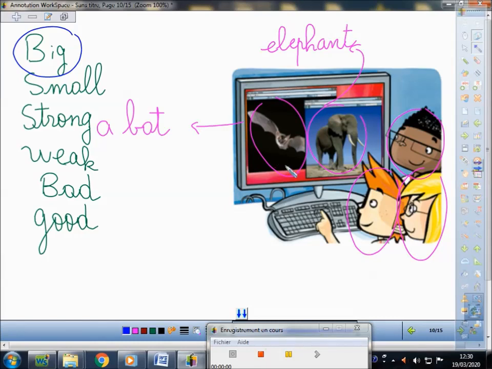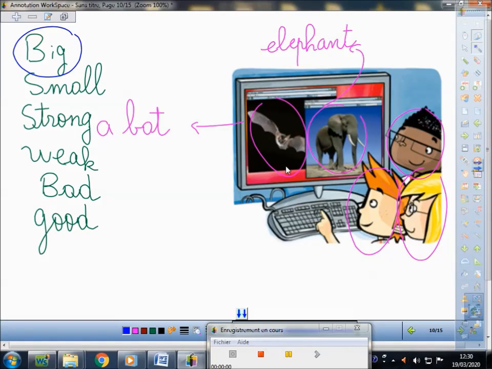Before continuing, try to do examples in your house between you. Try to look at something which is small and another thing which is big and compare between them, okay?